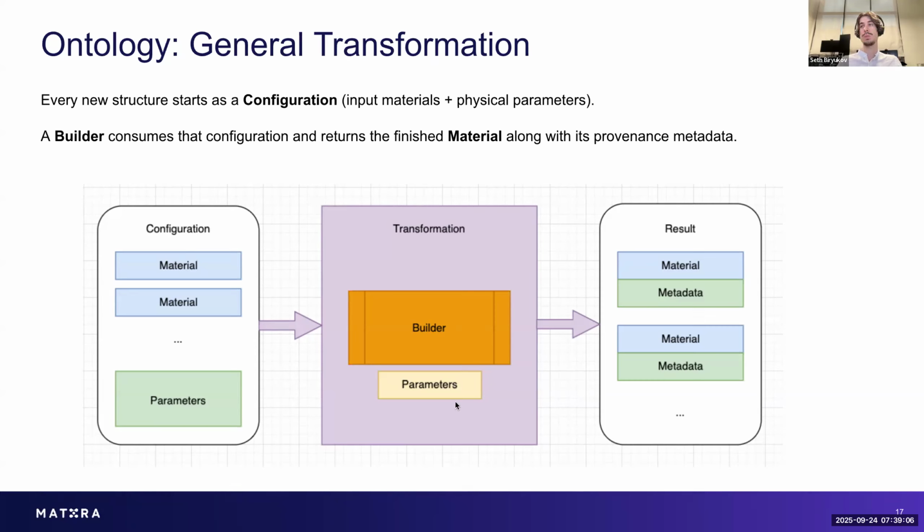For example, XY supercell, whether the surfaces are orthogonal to the axis, and others. Then the builder applied to the configuration yields the resulting material, which stores all the transformation data in the metadata for provenance.